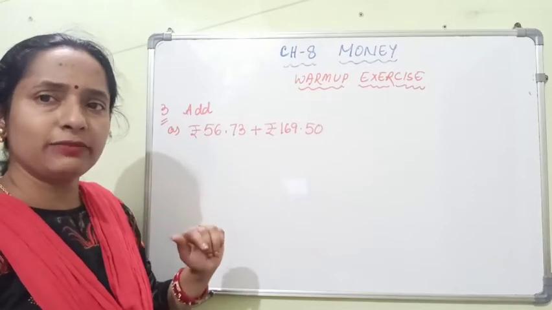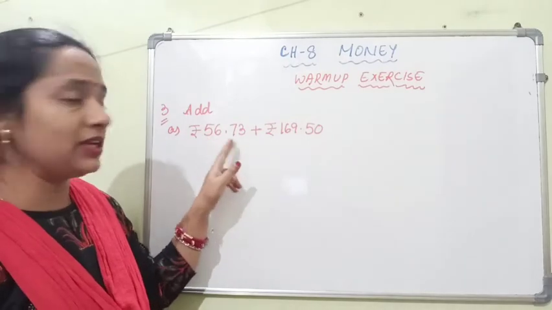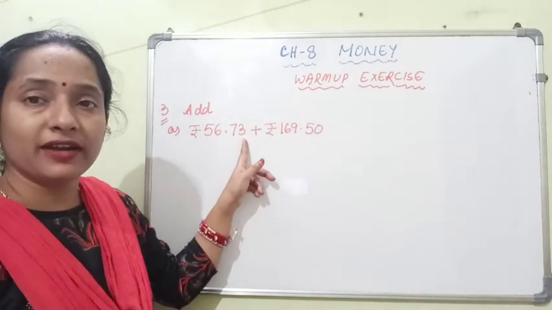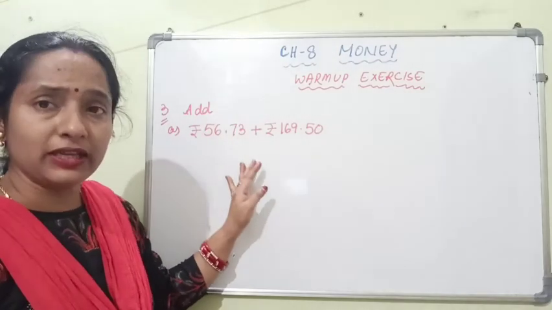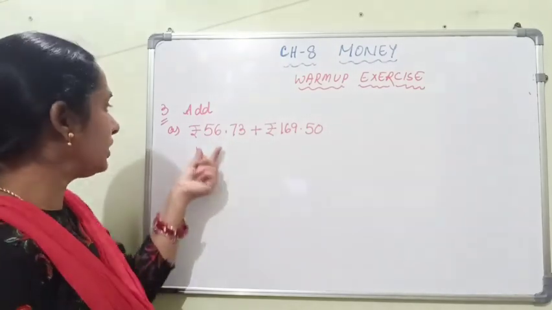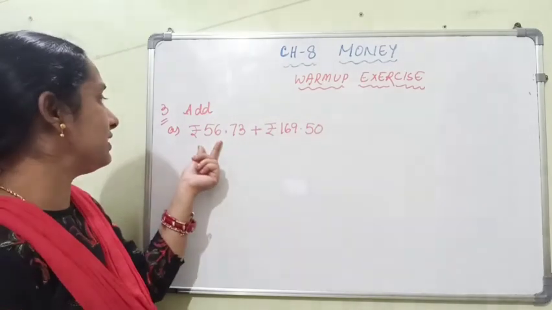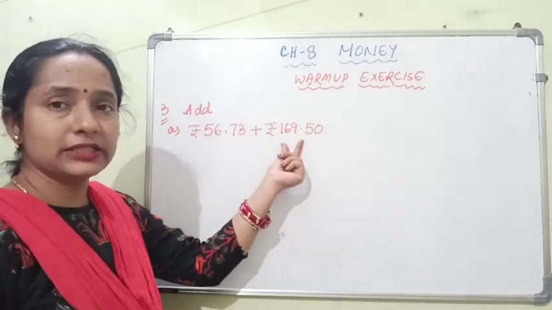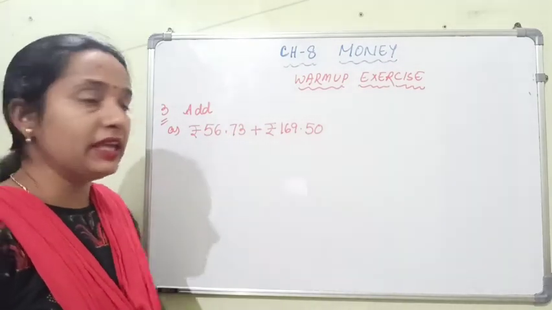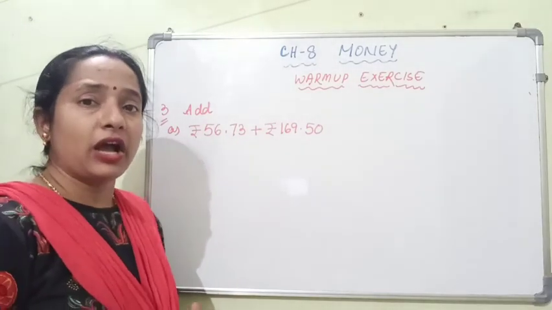Whenever we read a decimal number, we read the whole part using place values, whereas the decimal part is read individually, like 56.73. But in money, we read the whole part as per place value and the decimal part also, like here we read 56 rupees 73 paise, 169 rupees 50 paise. Right, now let us add them. So this is how you will do the addition.